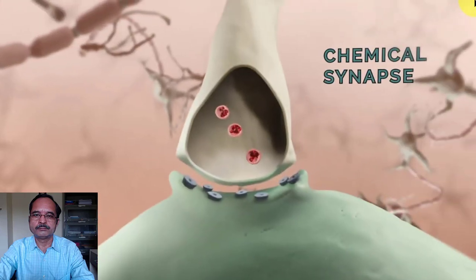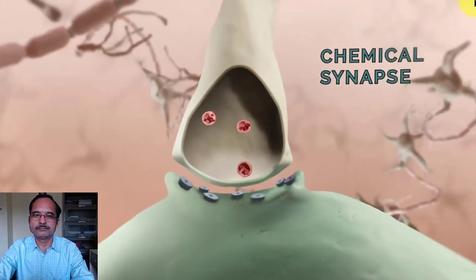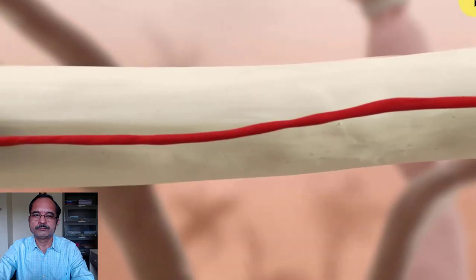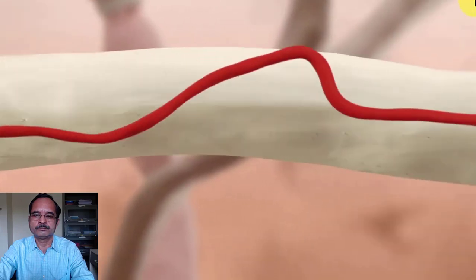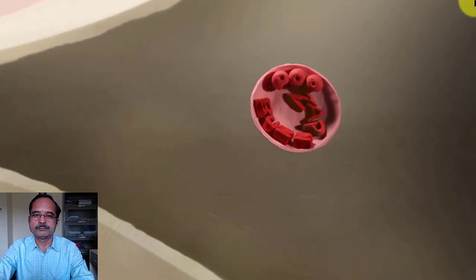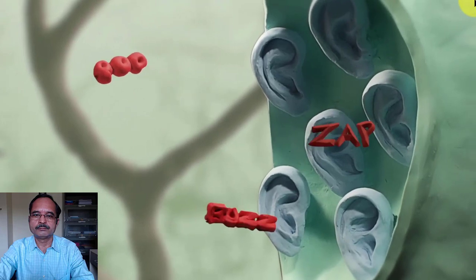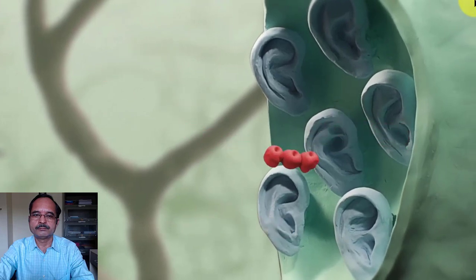But most neurons are connected together by a much more complicated structure called a chemical synapse. In a chemical synapse, rather than simply passing along an electrical signal from one cell to another, the action potential travels to the end of the axon and causes a chemical to be released into a very small space between the two neurons called the synaptic cleft. This chemical is taken up by the downstream neuron on the other side of the cleft.